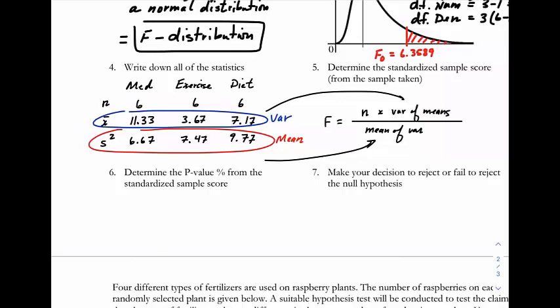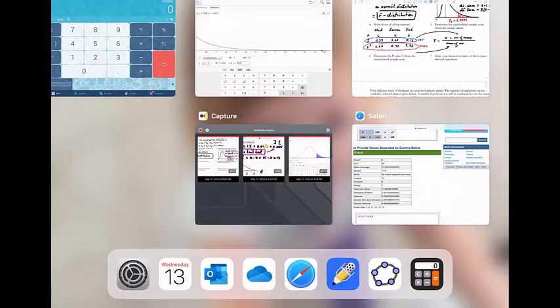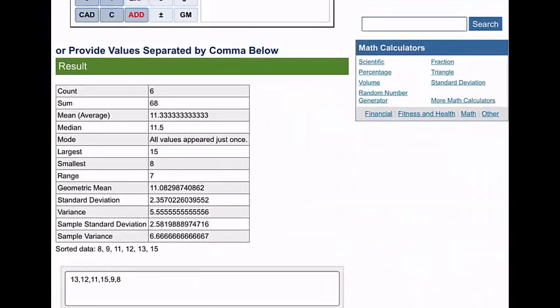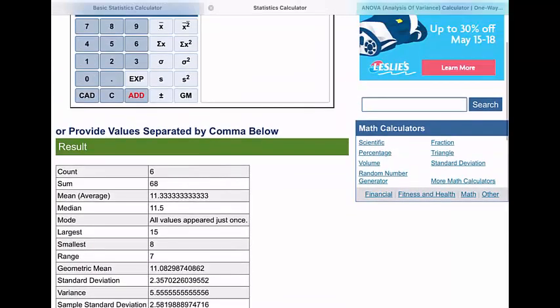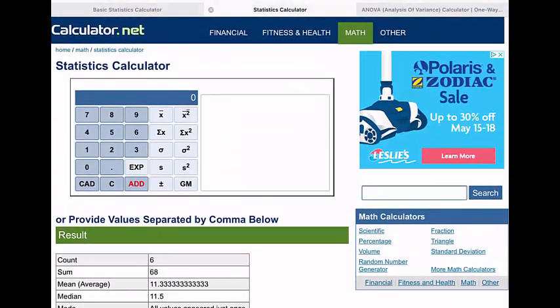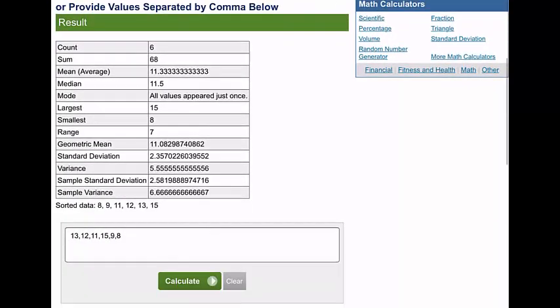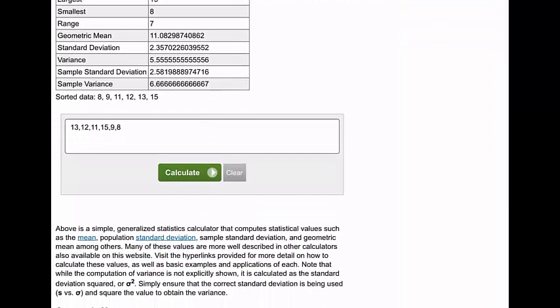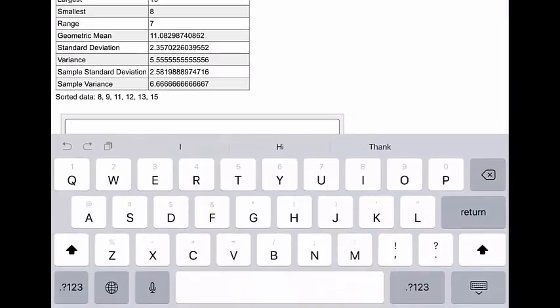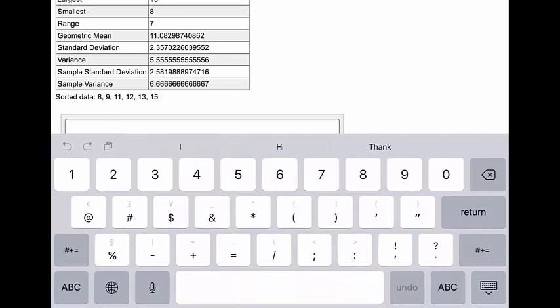Let's go back over to calculator.net and do that for the between group. So let me go ahead and clear, and put in those numbers, separating them with a comma.